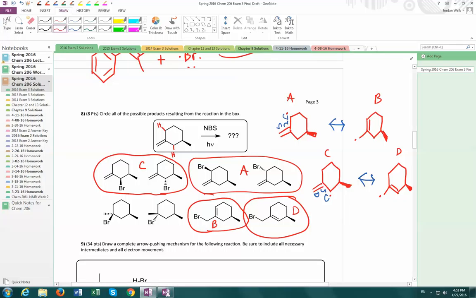Both of those are going to be resonance stabilized, and so any resonance structure we can show as a radical will have radical reactivity, so any products from this will form. So we didn't have to worry about choosing the major or minor in this case.